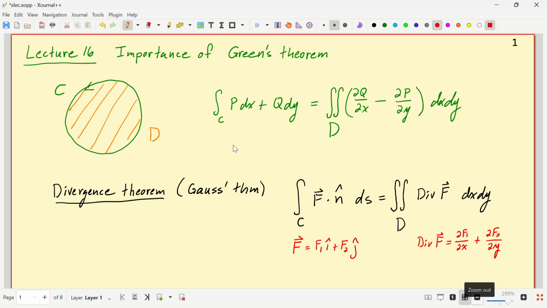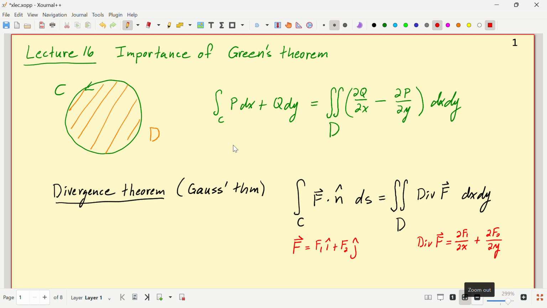The last time, at the end, I promised to show you some things about the relationship between Green's theorem and various famous theorems, like the divergence theorem, and also various reasons why Green's theorem is so important in the subject of harmonic functions.